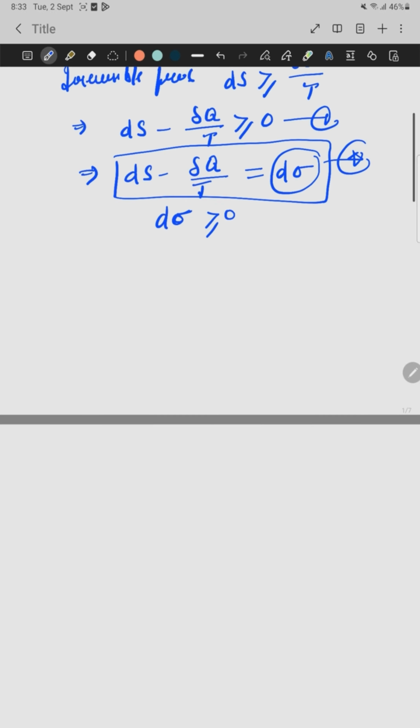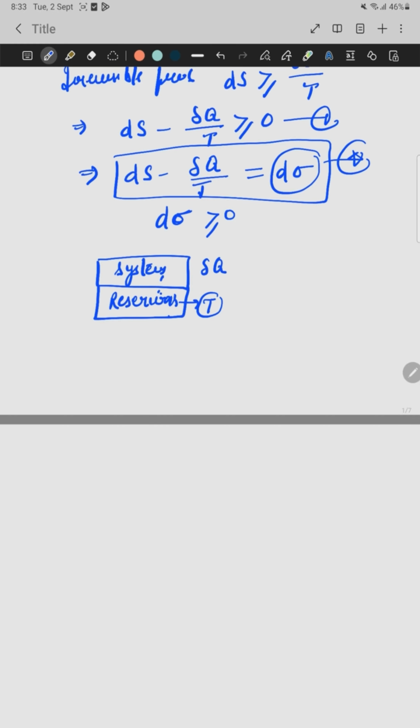Now let us suppose a system which is attached to some surrounding, which we call a reservoir. The reservoir is present at a particular temperature T, and the system is in contact with this reservoir. Let us suppose some amount of heat đQ flows into the system from the reservoir.